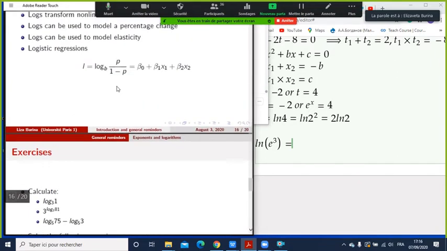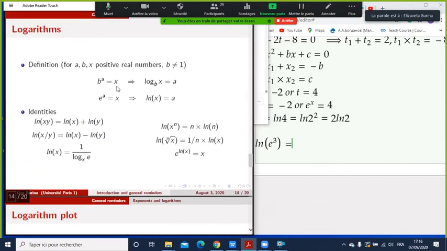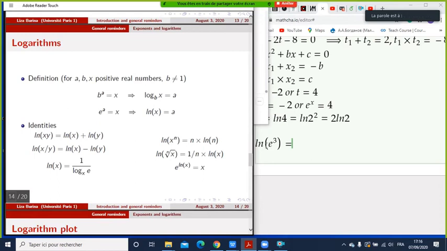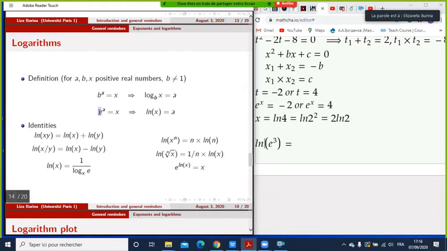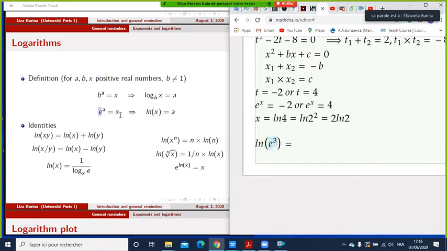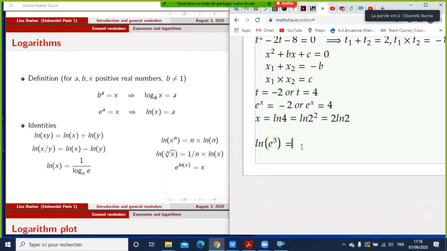So we know that a logarithm is a power to which we're supposed to raise, in this case, since it is a natural logarithm, e to get the number. And our number, so x here, is e to the power of 3. So obviously the power to which we're supposed to raise e to get e to the power of 3 is 3.